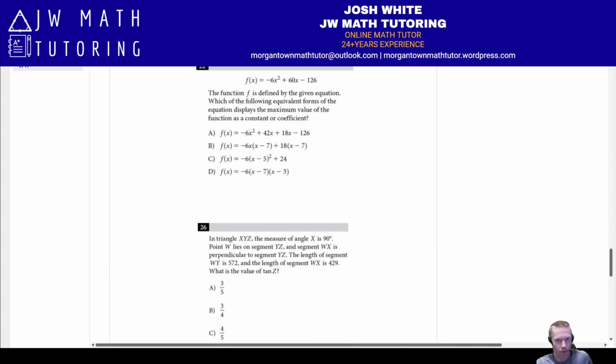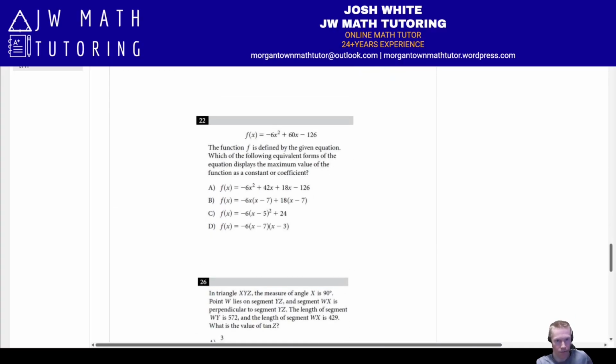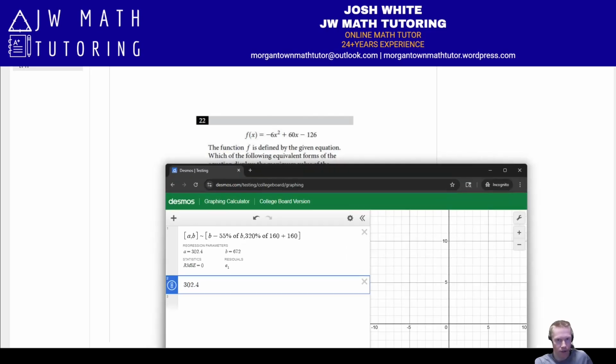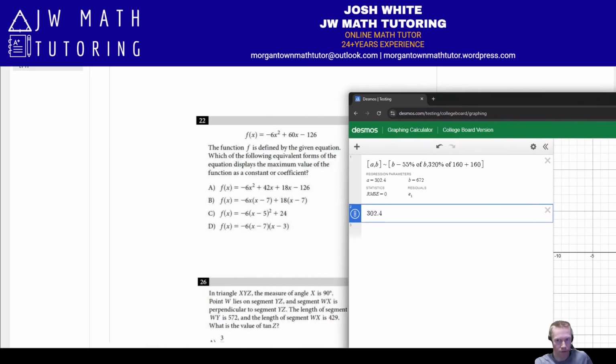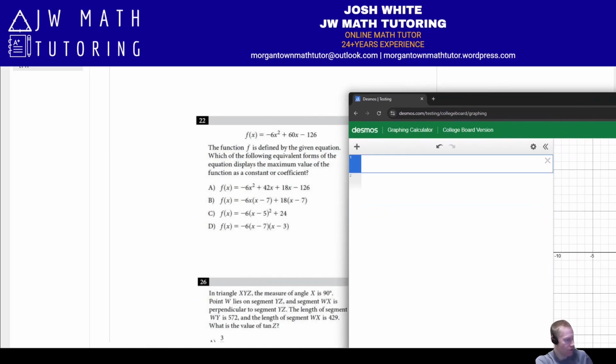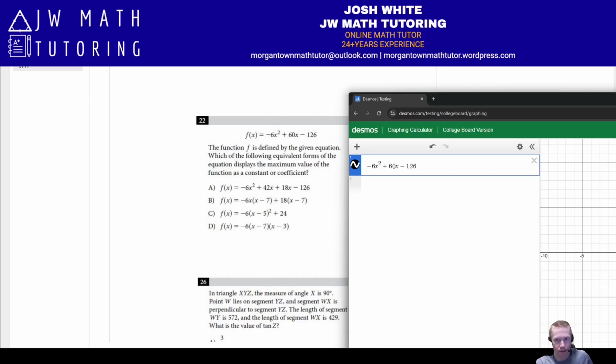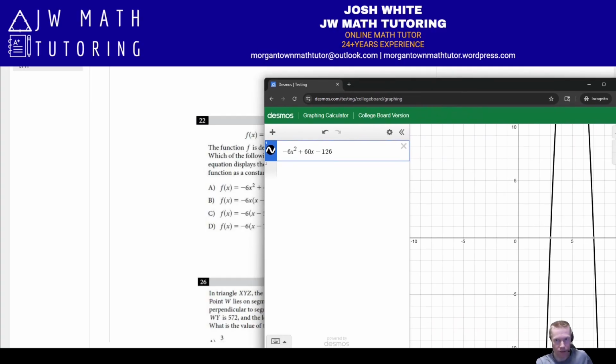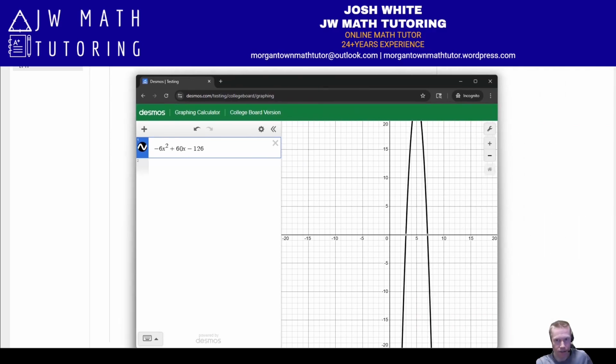All right, next up, question number 22. So, which of these displays the maximum value of the function as a constant or coefficient? Again, this problem, it is so much faster and easier to just go to Desmos, find what the maximum value of the function is, and then look at the answer choices, see which one has that in it.